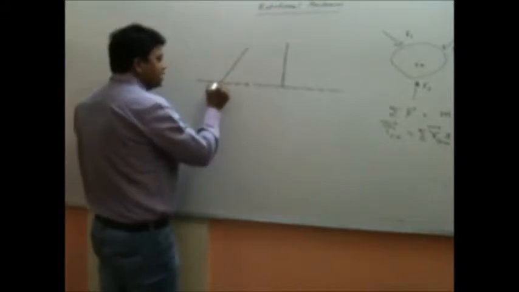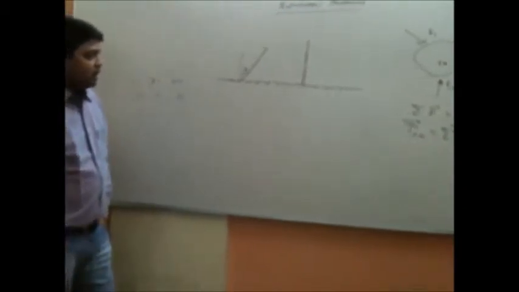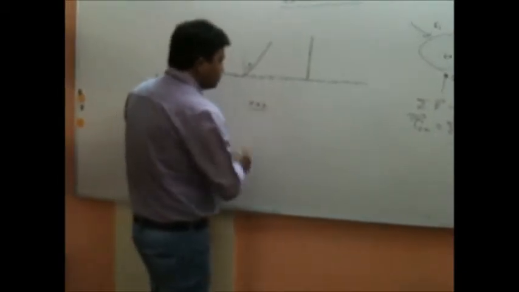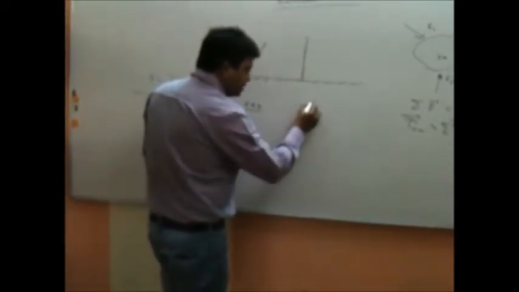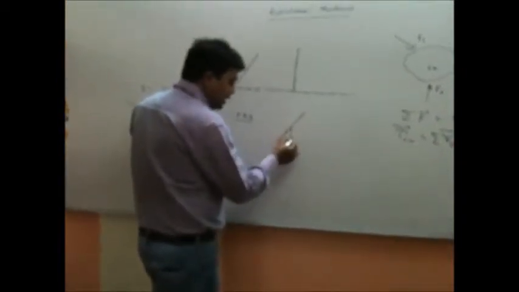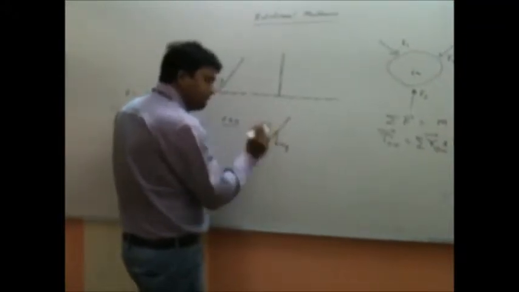And this angle is, say, theta. So if we see the free body diagram of it, the FBD of this rod, there are two forces acting on it. One is the weight, mg. The other is the normal reaction by the ground.